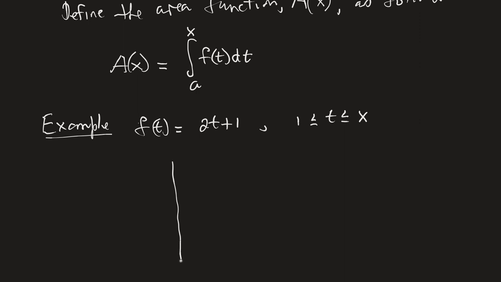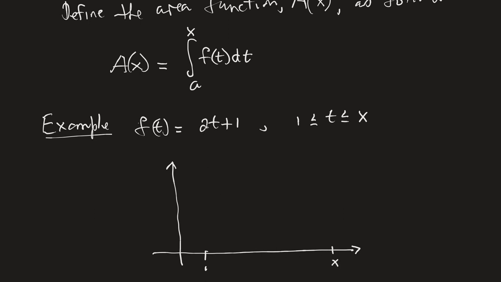Okay, so let's do this. Now, recognizing that we have a linear function, really all we need are just a couple points. So let's say this is 1 and then I have my x over here.